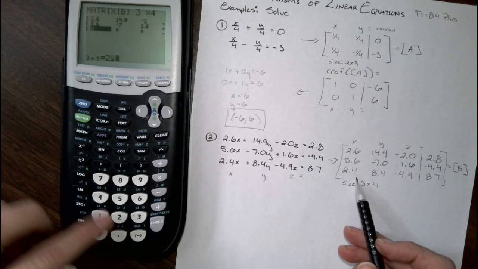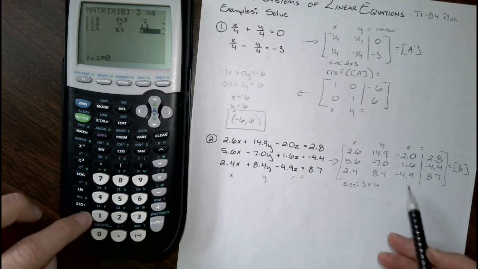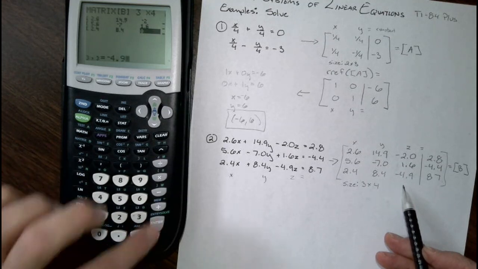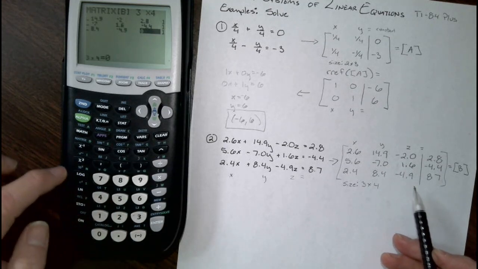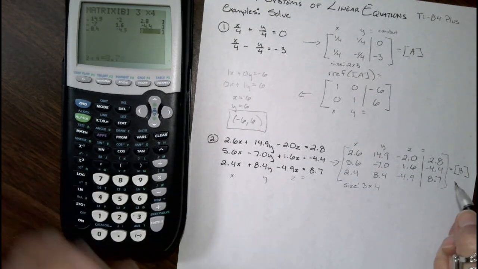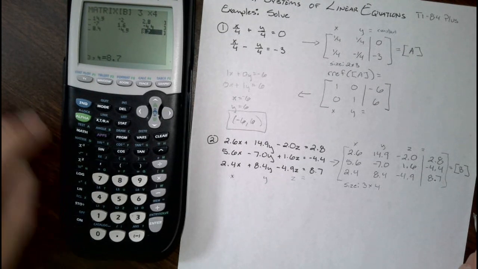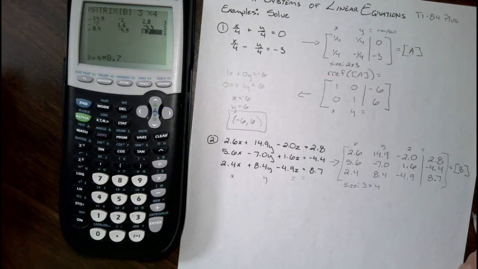The third row is 2.4, 8.4, negative 4.9, and that should be 8.7. So there we go. Everything's in the calculator. And again, I have entered that last one, so it shows up there.